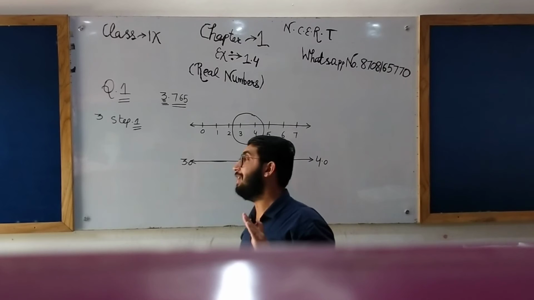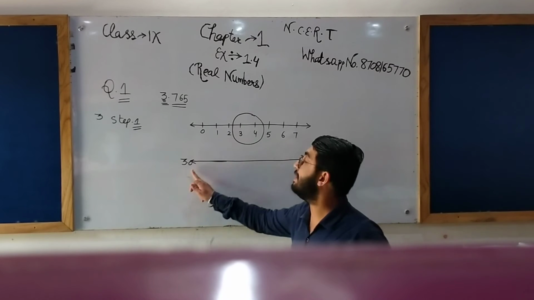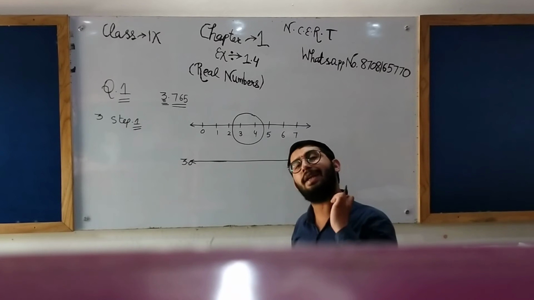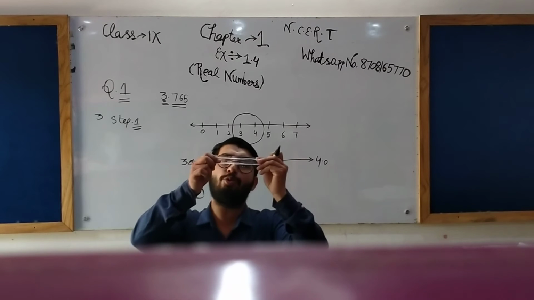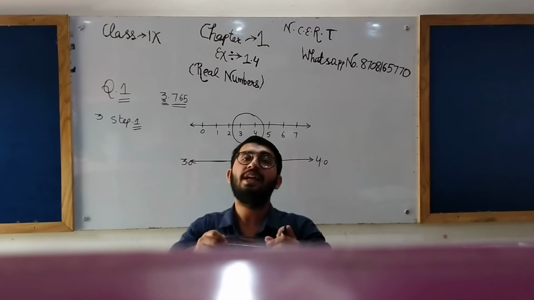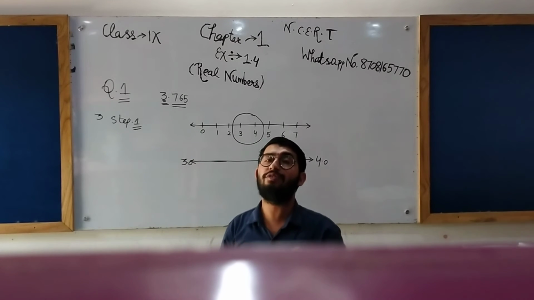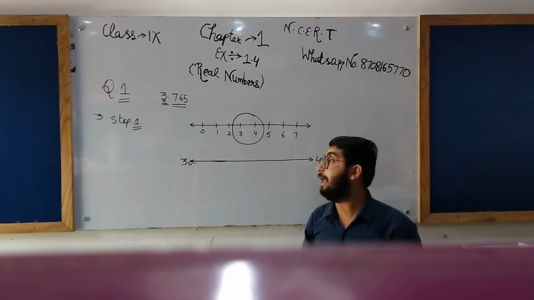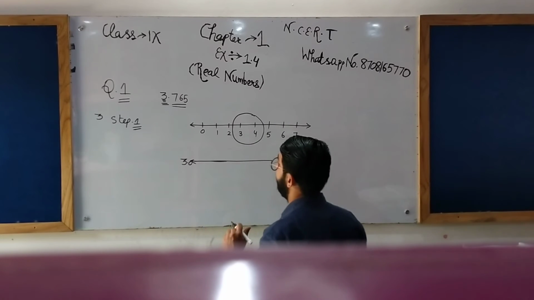You have to divide this line into 10 equal divisions using this scale. The distance between any two consecutive numbers will be 1 centimeter.